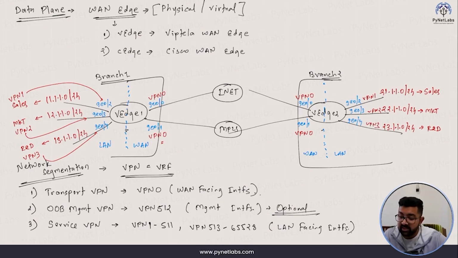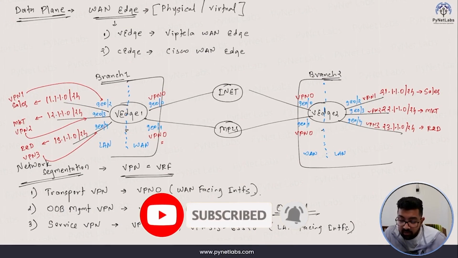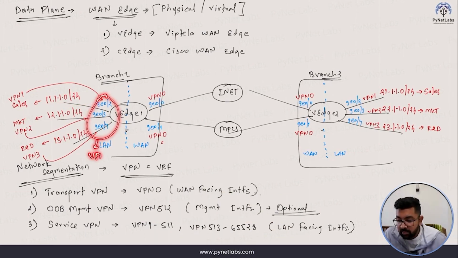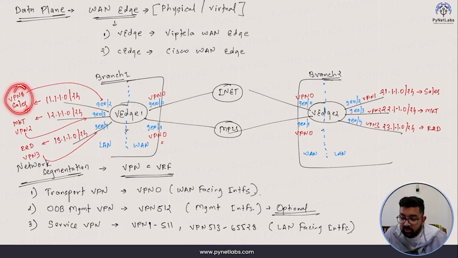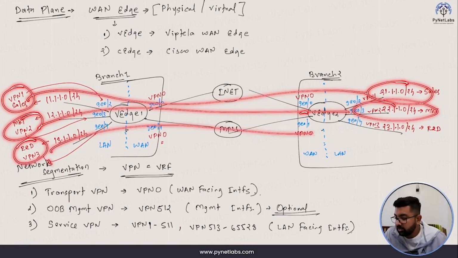And when we segregate the VPNs, it's not that one VPN can only have one interface. No, all of these interfaces can also be part of VPN 1 only. But since we are achieving segmentation, where we do not want our sales traffic to talk to marketing traffic, marketing traffic to talk to R&D, and so on, we want segmentation in our networks, where the sales can communicate with the sales on the other end, the marketing with marketing, and the R&D with R&D.